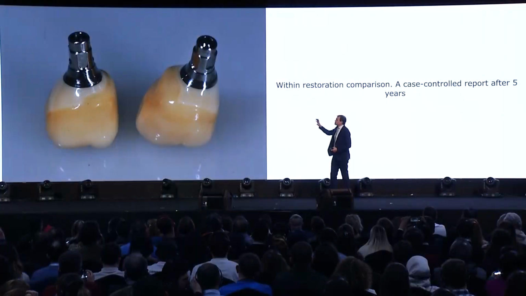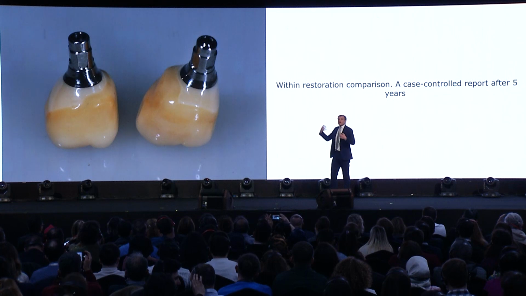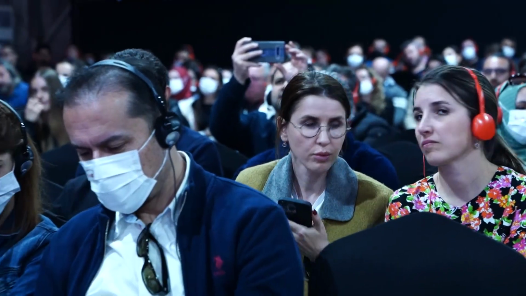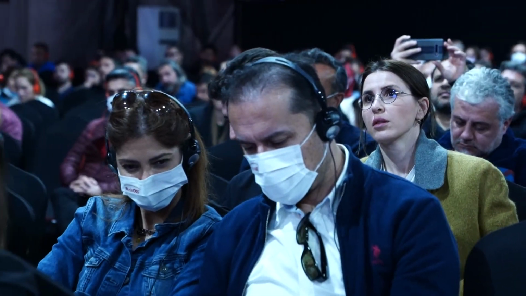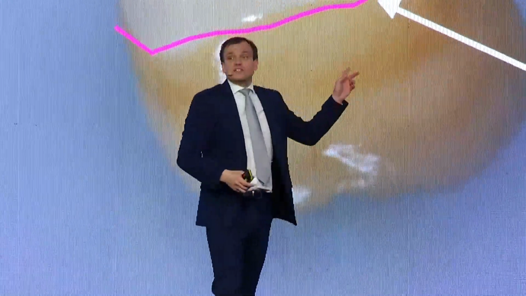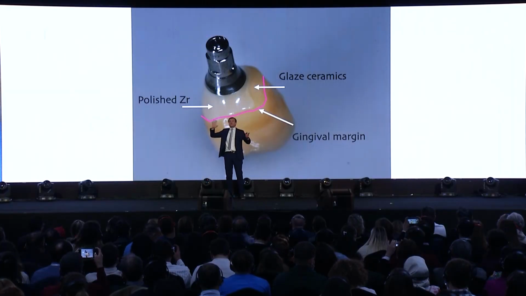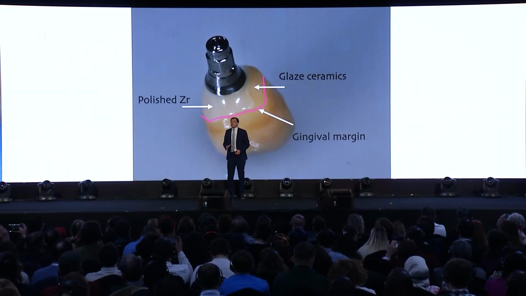Now, quick, just some anecdotal evidence, because I'm always showing studies with difficult design. I would like to show you this because it's really fun. Some years ago, we designed a restoration, you can see that, which would combine two ways of thinking.